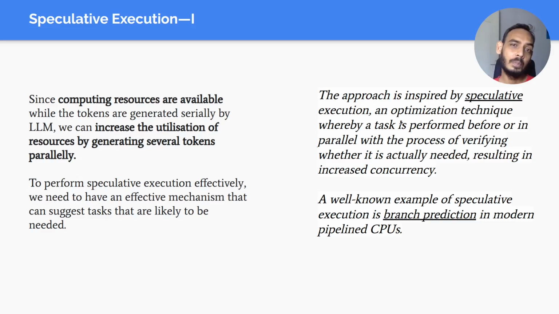So a task is predicted in parallel, whether it will be needed or useful or not. If it is useful, then you have managed to increase the concurrency. If not, then you just discard the results that you got. This is one of the key concepts used in modern CPU pipelines for branch prediction. So I would recommend reading about this concept to understand speculative execution.